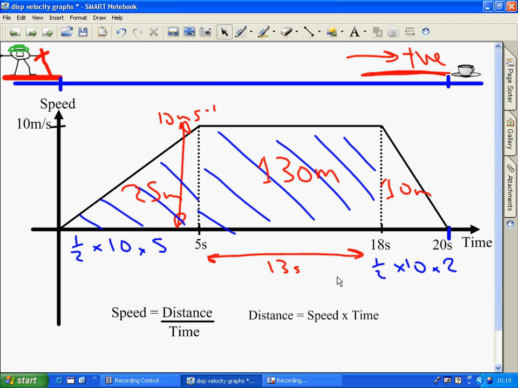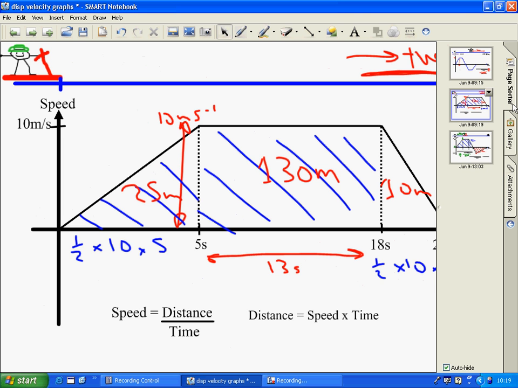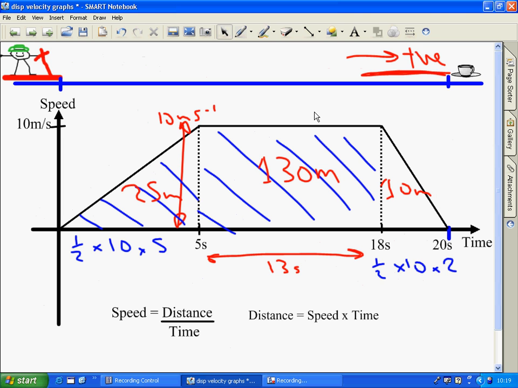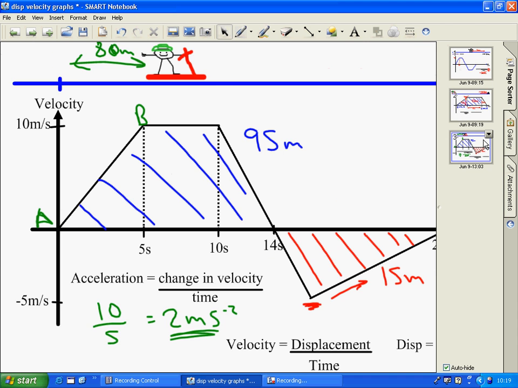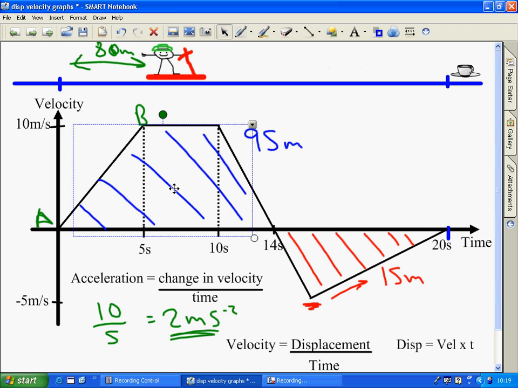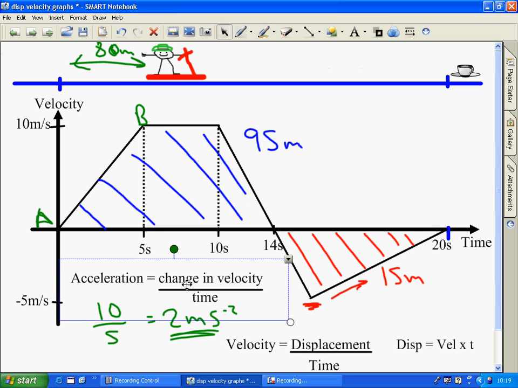Speed cannot be negative, does not go below the axes here, and the distance travelled is the area, as we saw here, of 130, 25 and 10 meters. Distance travelled is the area beneath a speed time graph. The displacement is the area beneath a velocity time graph, and finally acceleration is the change in velocity over time.